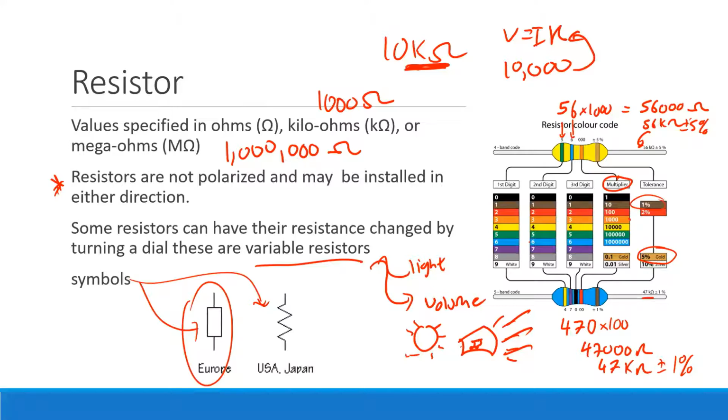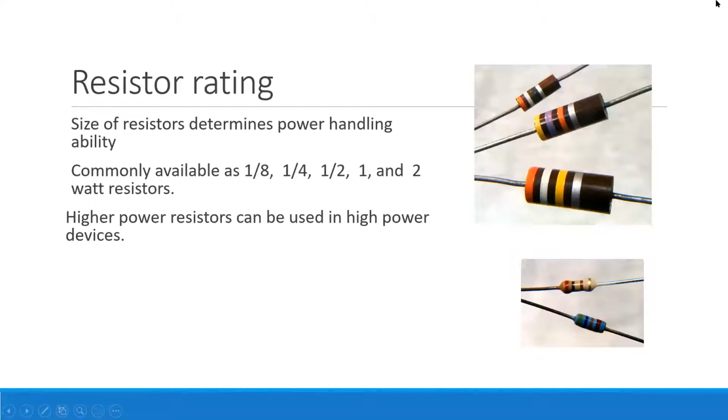I'm sorry, but yeah. There is another thing about resistors though, that I do want to quickly say. Resistors can also have different ratings depending on their ability to resist. What do I mean? Well, they have different sizes.